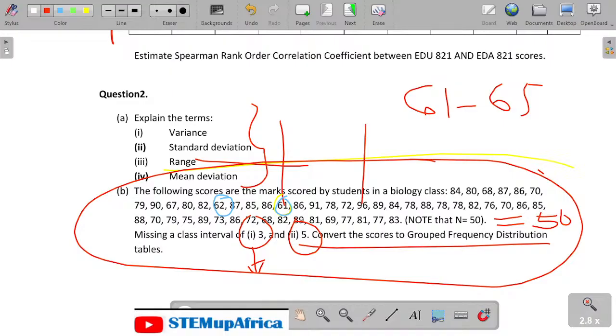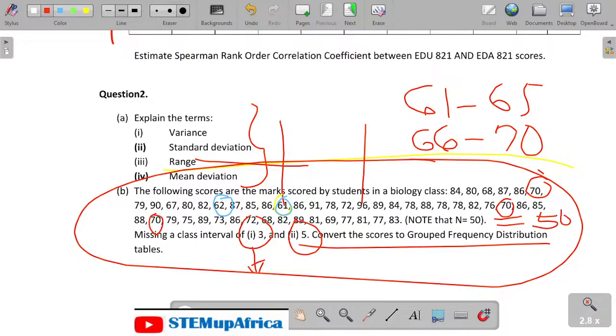So you look for 66 to 70, the next interval. This is 70, that is 1. On that 70, 2. Then the third number from the 70 is 68. This is 3.